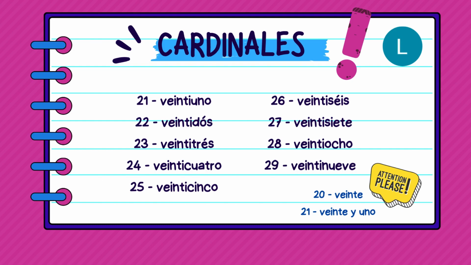Recall that 20 is veinte. When we start putting together 21 through 29, what we do is we simply say veinte y uno, veinte y dos. Instead of doing that long way, we are going to get rid of the Y. We are going to get rid of the E on the veinte, and we're going to change that to an I and then add that second number.